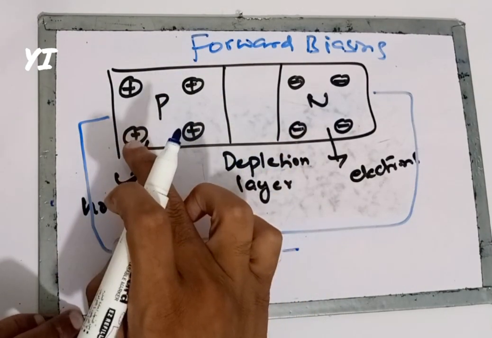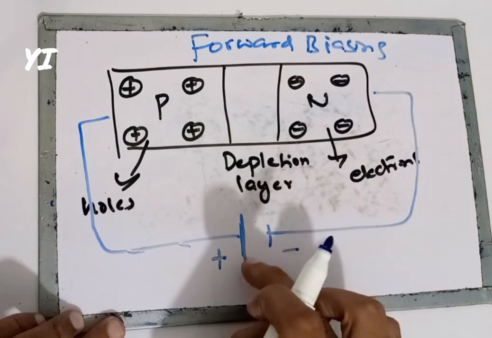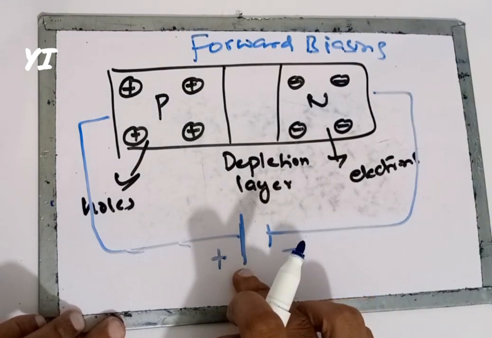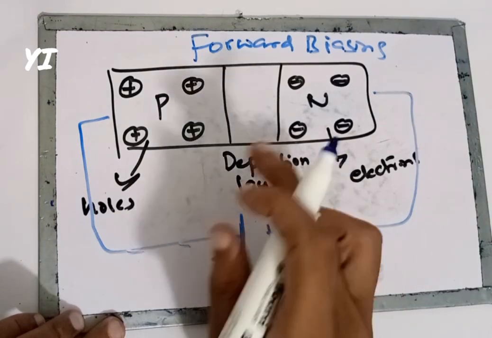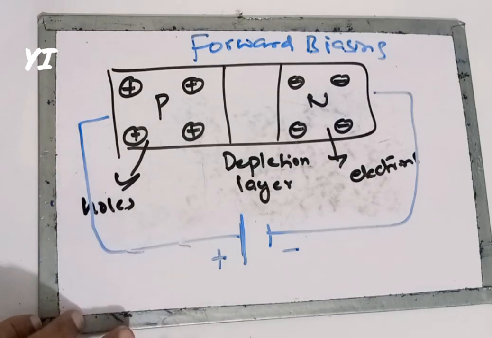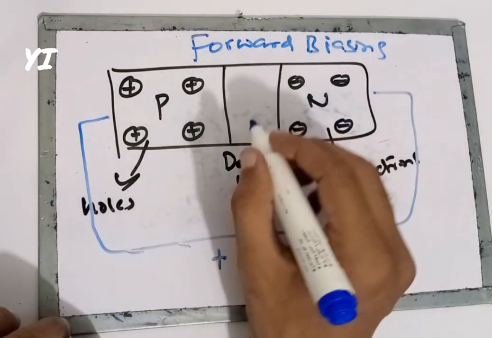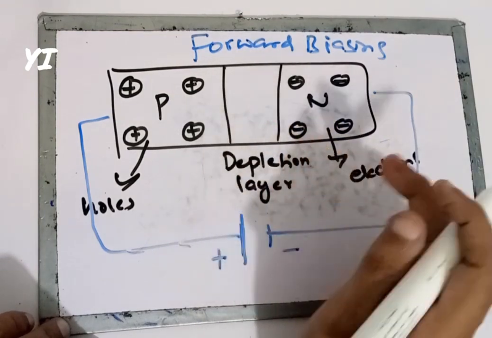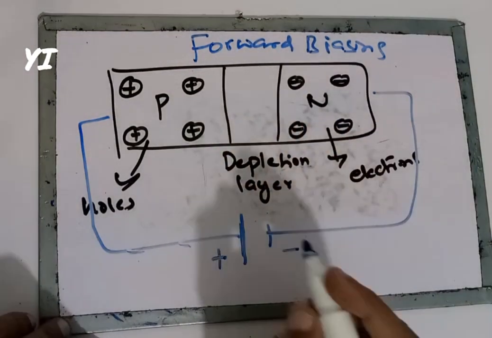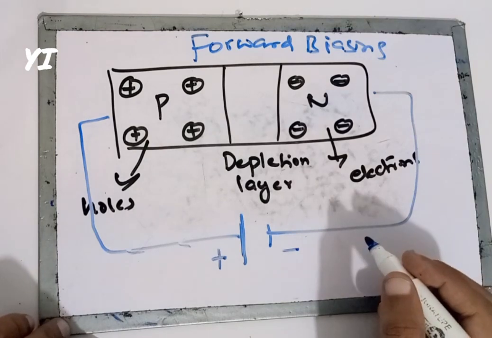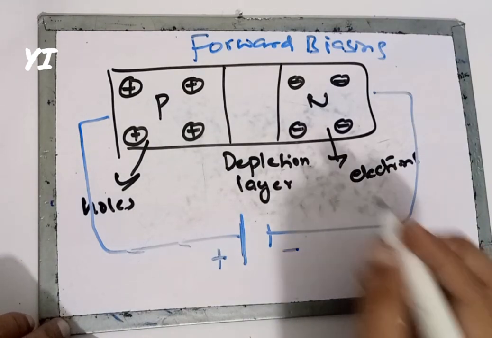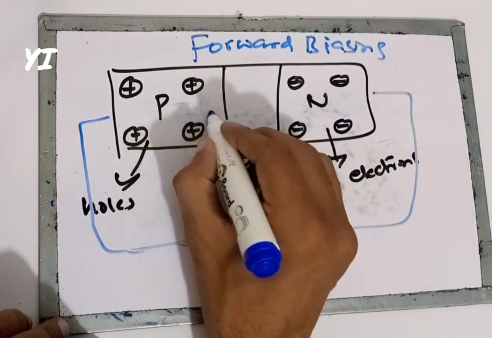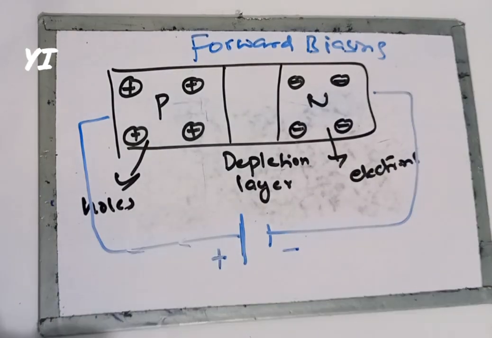So these holes and this positive electrode repel each other. So when they repel each other, the depletion layer formed is very thin. So it gets on decreasing, and it will have the flow of current in one direction.